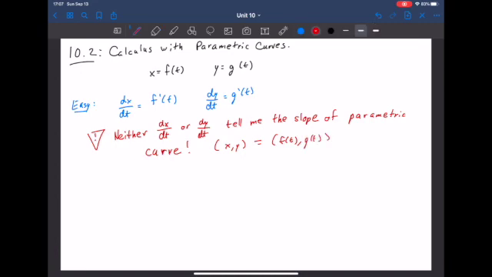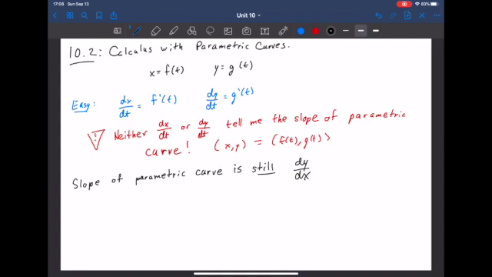Now we do want to talk about the slope of the curve, the parametric curve, the thing we're trying to talk about, the motion of the spider or the fly or the ant. The slope of the parametric curve is still dy over dx, the classic change in y over the change in x.